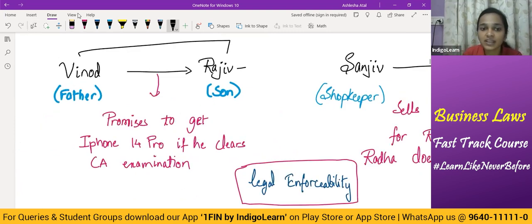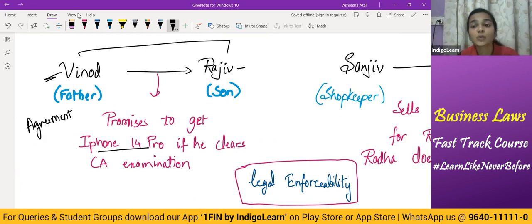Consideration for Rajiv is iPhone 14 and consideration for Vinod is his son clearing the examination. But here, can you call it a proper consideration, or is it only a promise which has been made? There's no legal enforceability, or there's no intention to create a legal relationship in this first example, and that is the reason why here there is an agreement but no contract.